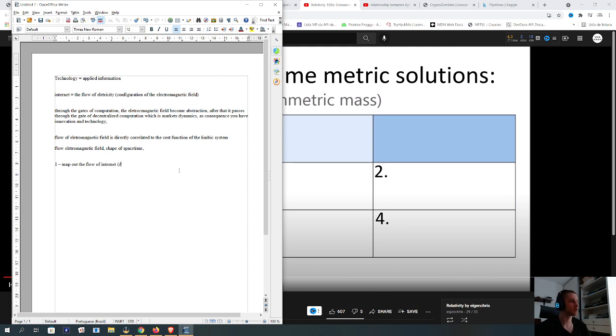So try to get data on cables and the connectivity of the internet. Then study consumer behavior, data of the cost function, which is going to be the feedback loop system of consumers.